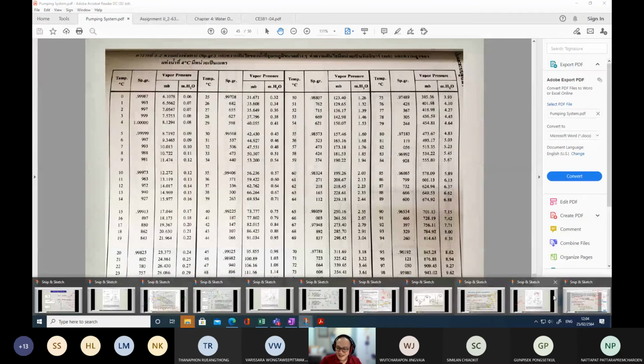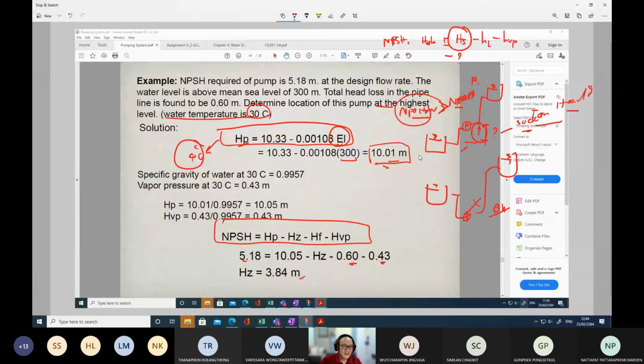For 30 degrees Celsius, you have to look at the specific gravity, which is 0.9957. So you correct this value: 10.01 divided by the specific gravity, then we get the absolute pressure at 30 degrees Celsius.